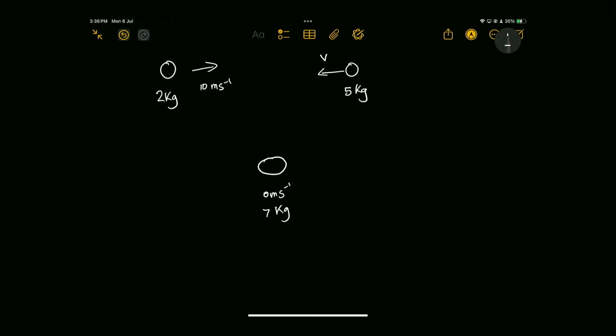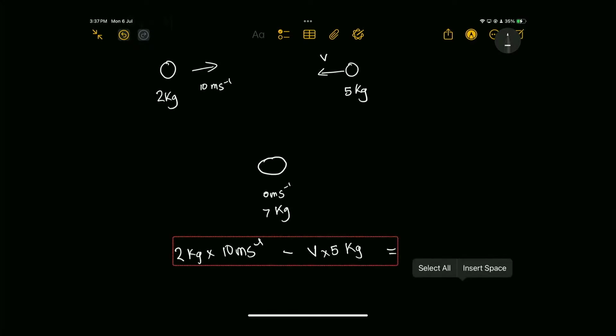The momentum before the collision is 2 kilograms multiplied by 10 meters per second minus v times 5 kilograms. The negative is here because this ball is moving in the opposite direction. This is the total momentum before the collision, and it is equal to the momentum after the collision.